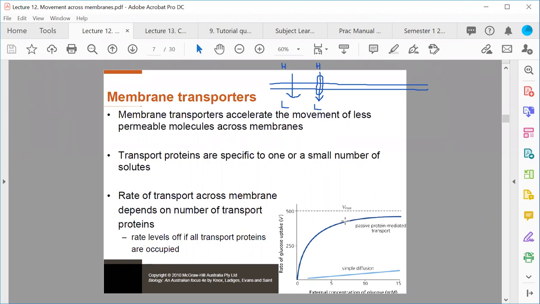Why does it level off? The rate of transport across the membrane depends on the number of transport proteins situated in that membrane. If all of the proteins that are present are occupied, all fully transporting that substance, then that's when the rate levels off.